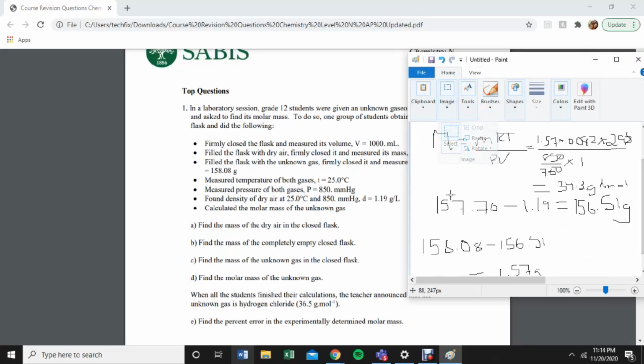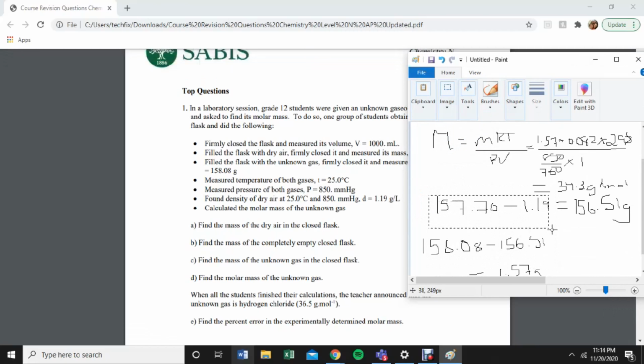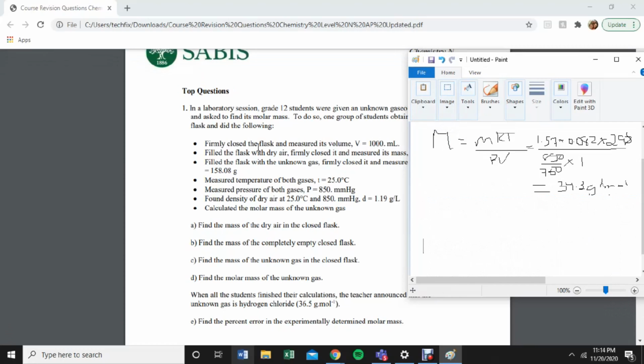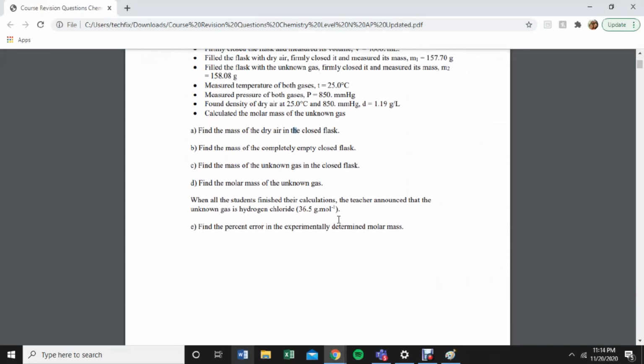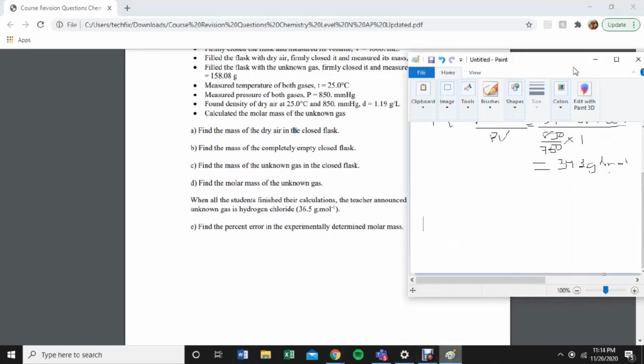Now for the next part, when all the students finished their calculations, the teacher announced that the unknown gas is HCl, molar mass 36.5. Find the percent error. The molar mass that we got was 34.3.